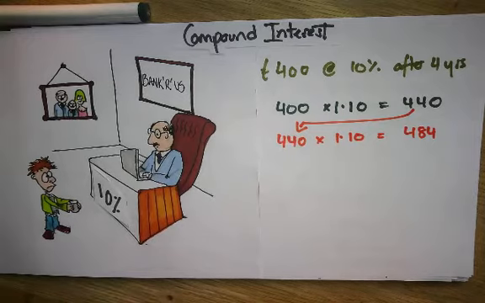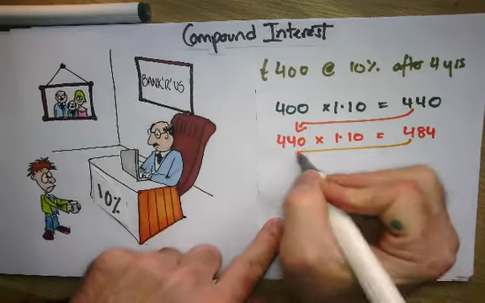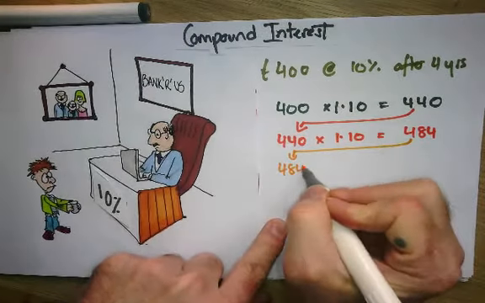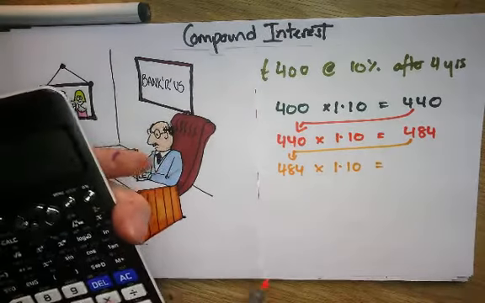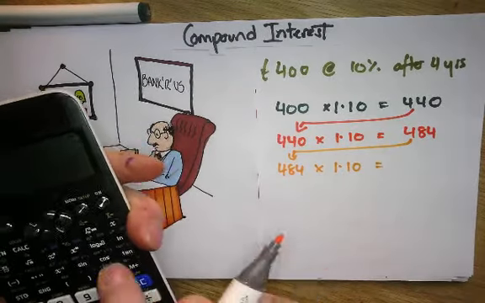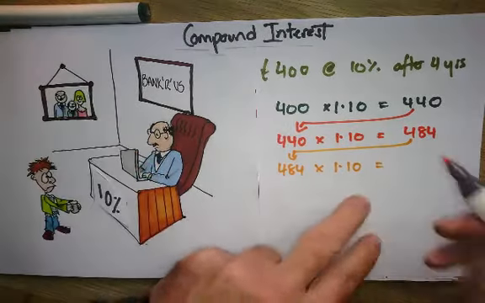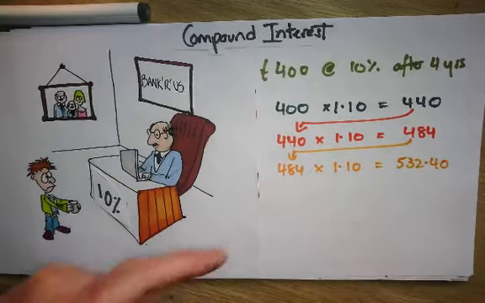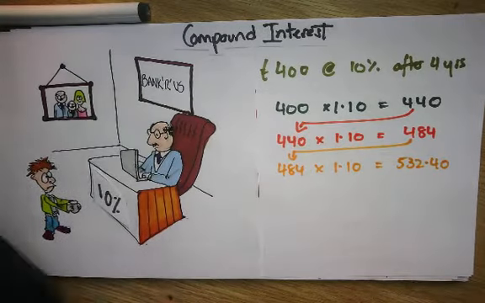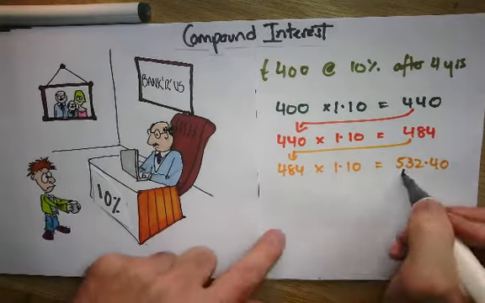So 484 is put in there, and that is times by 1.1 to give £532.40. And then finally, that is put in to the account.